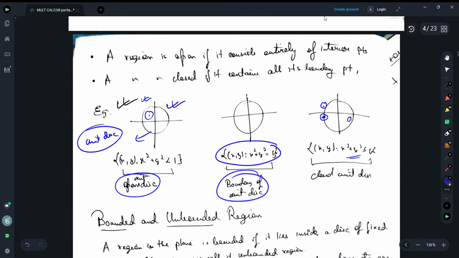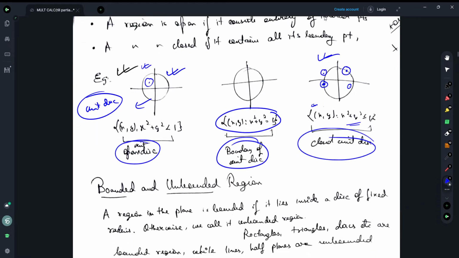So the only possibility for a boundary point is that it lies on the circumference of the circle, because then even a very small disk will contain elements from outside the region as well as from inside the region. And every point on the circumference is contained in this region. That means all the boundary points are contained in the region. Hence, this particular region is called a closed unit disk, or a closed region rather.